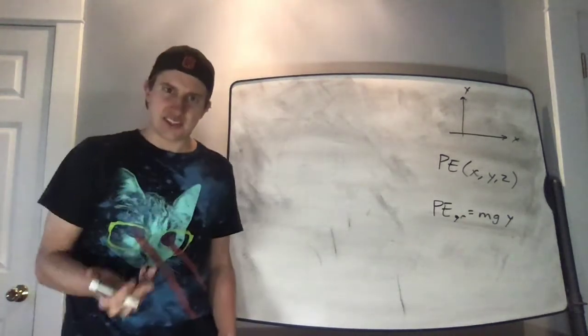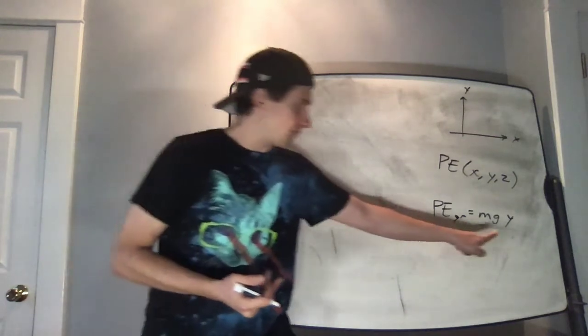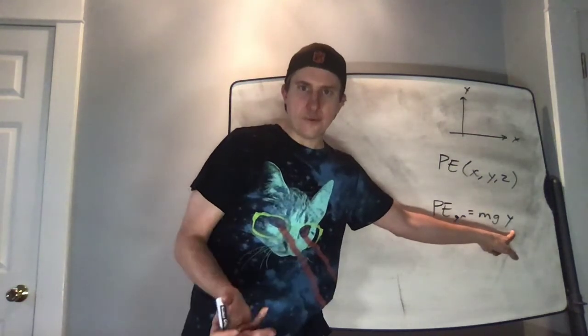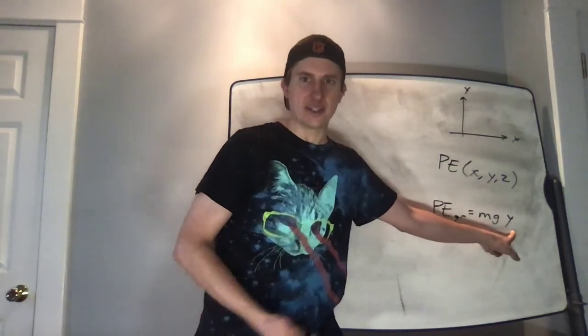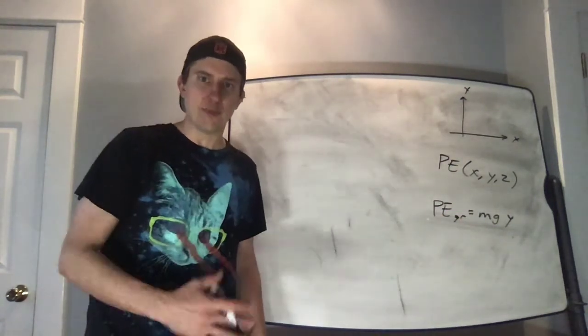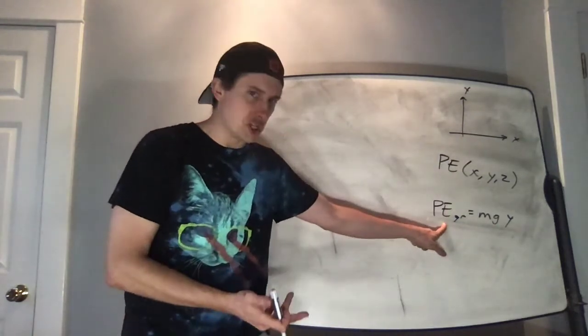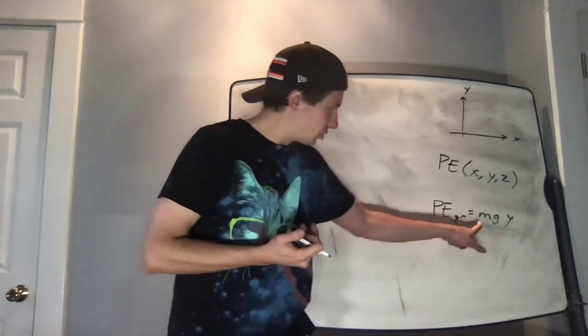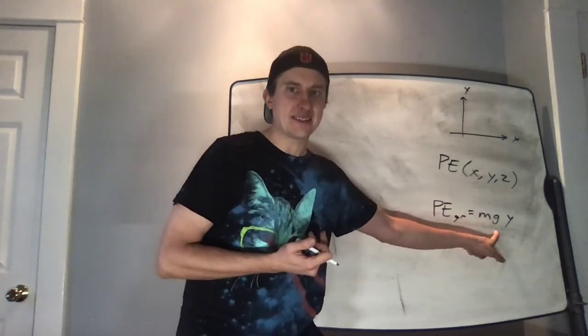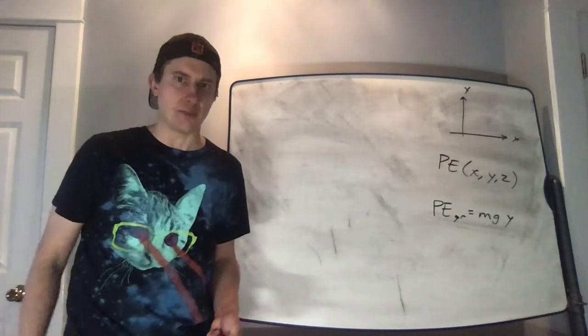Energy itself is a scalar quantity, and this is a scalar function that depends on position. The information that encodes the position is contained in this term y, basically y being my height above the ground. In this potential energy due to gravity equation, we generally assume that the mass and the acceleration due to gravity are going to be constant throughout this problem.